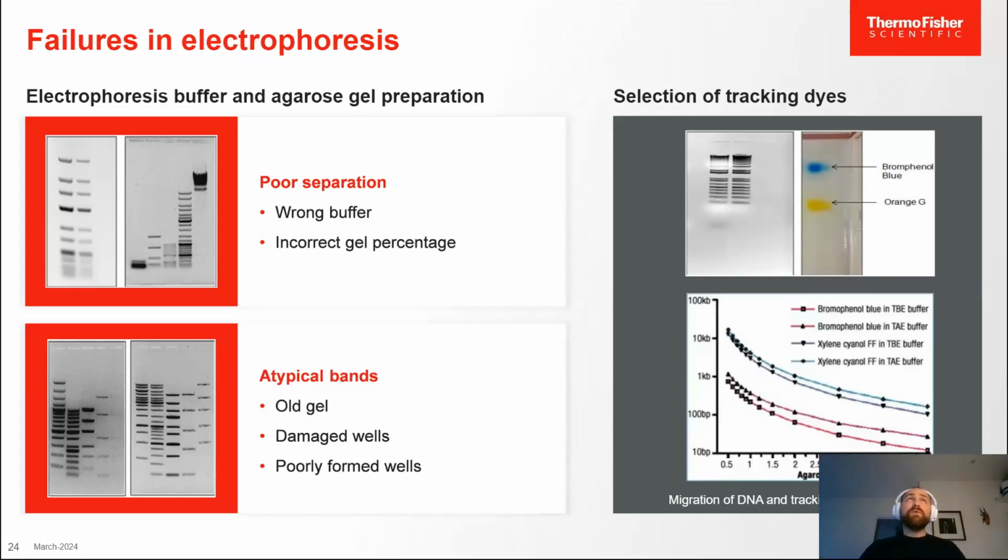If you don't check what size your fragment is and whether that corresponds to the migration distance of these dyes, you might not be able to see your fragment because they will just overshadow it. You see these white blobs, and in that case, you will not be able to differentiate.